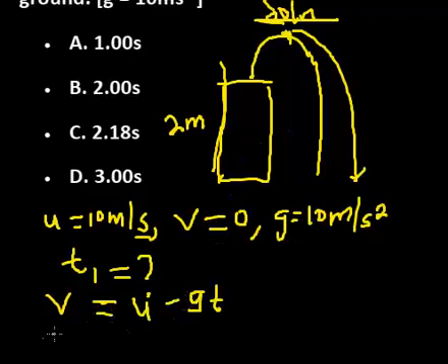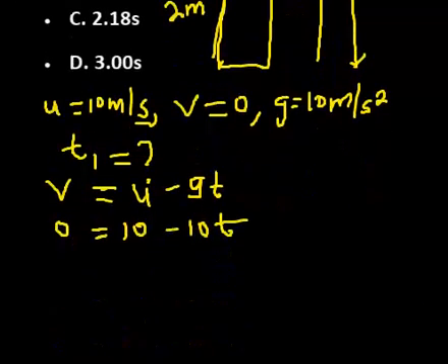So v equals 0, and u is 10, minus g, which is 10, times t. Rearranging my equation, gt is equal to 10, of course.